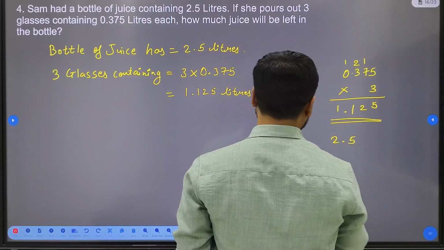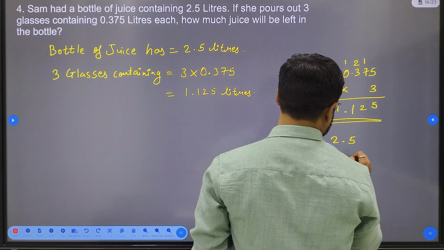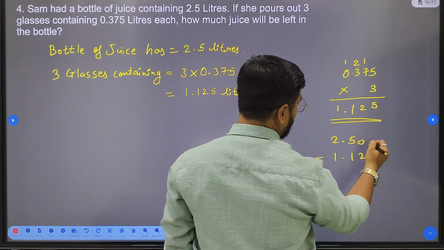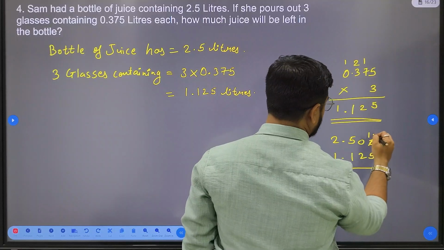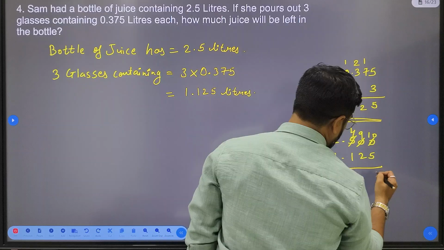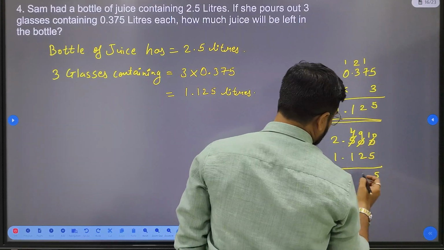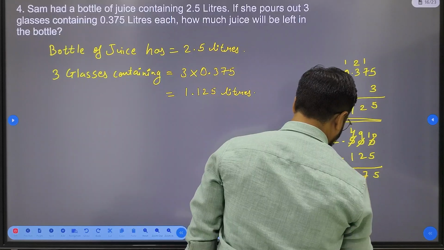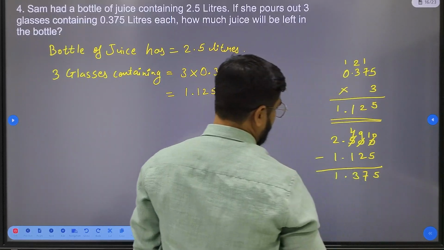2.5 subtracted by 1.125. So above 2 and 5 will take zeros. This is 10, this is 9, this is 4. 10 minus 5 is 5. 9 minus 2 is 7. 4 minus 1 is 3. And 2 minus 1 is 1.